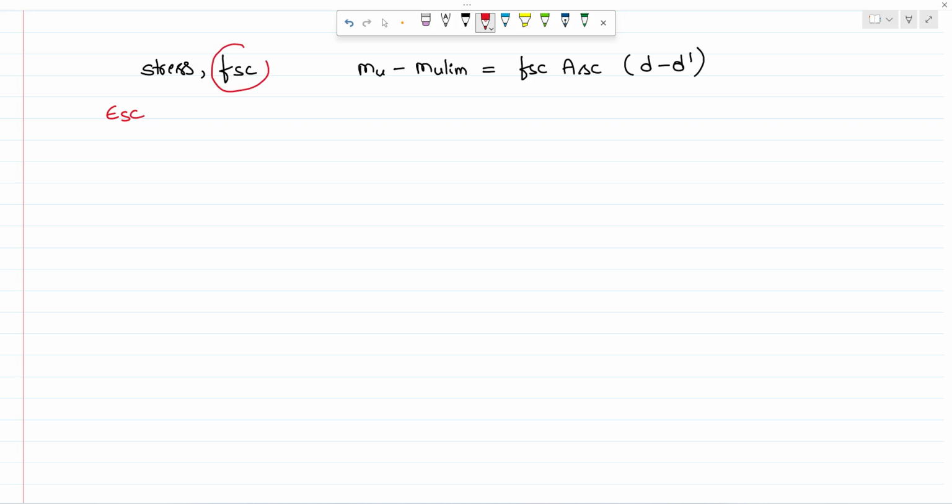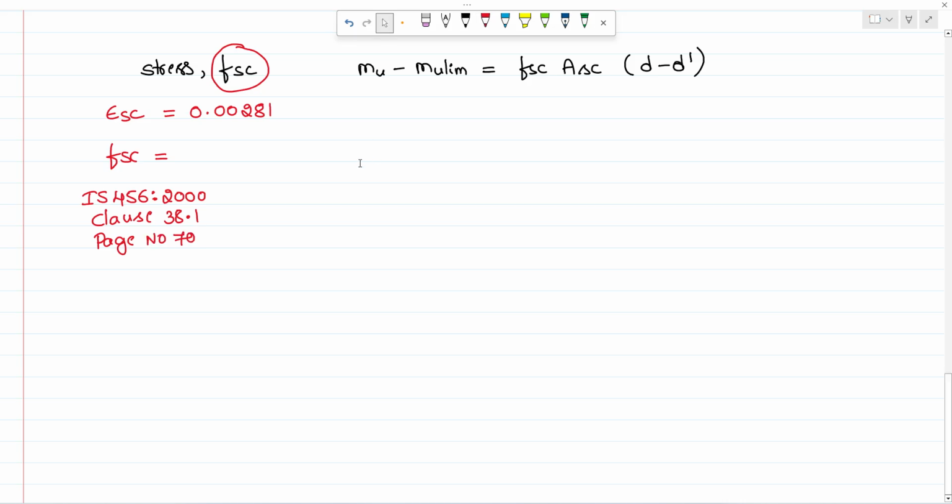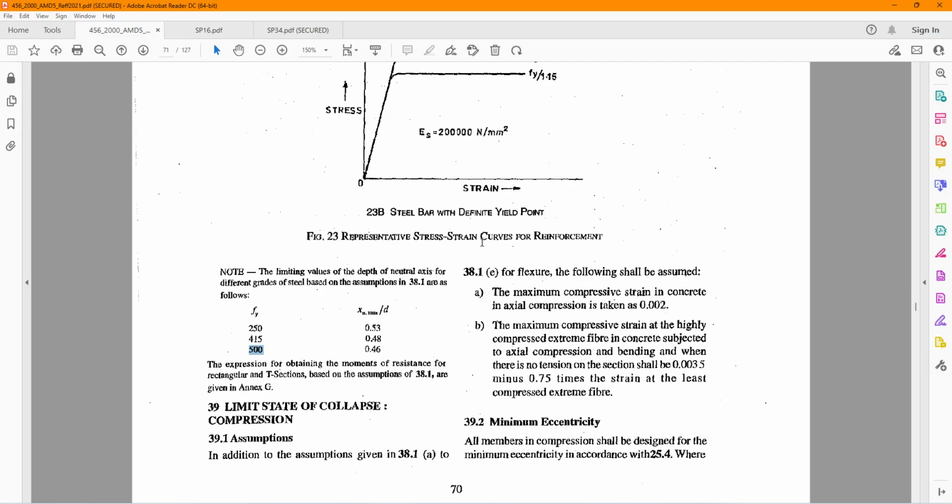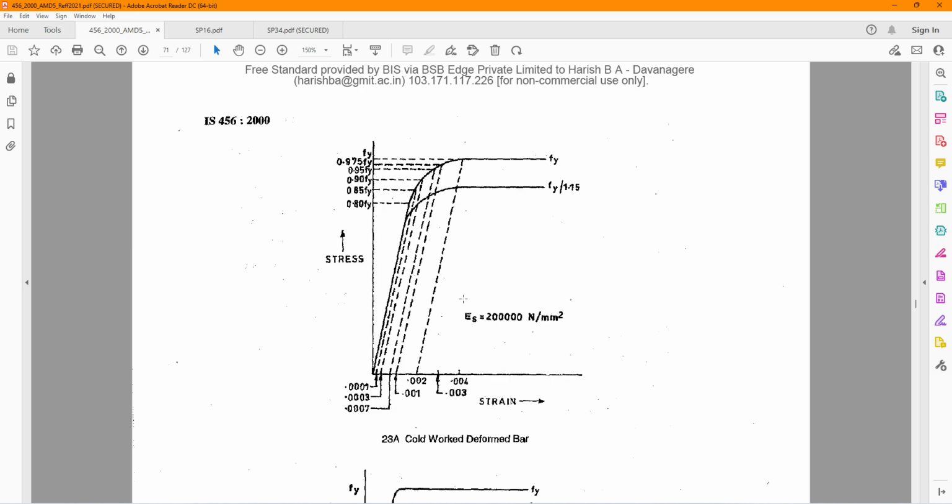Now it is required to calculate FSC, that is the stress. For this, you can refer to IS 456:2000, clause 38.1, page number 70. Yes, this is on page number 70.